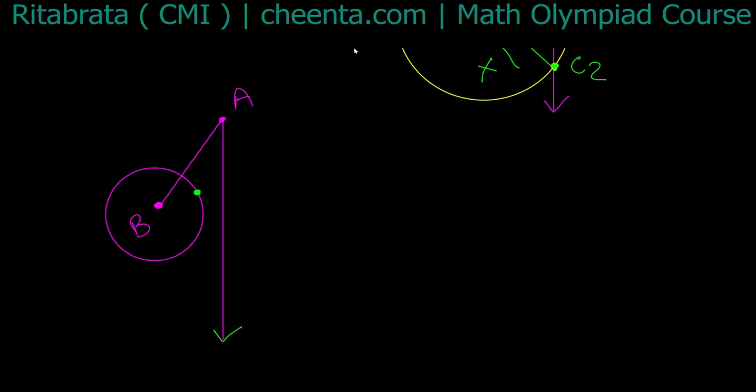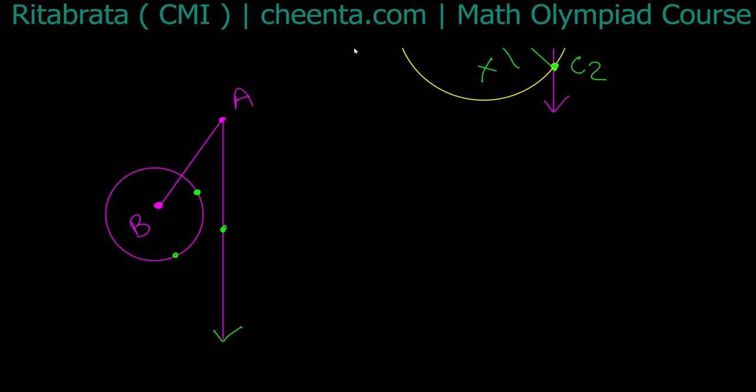For that fixed x, side length BC should be x, so it should lie on this circle, and it also lies on the ray, so it should lie simultaneously on the ray and the circle. So those favorable points C are the intersection points of the circle and the ray.